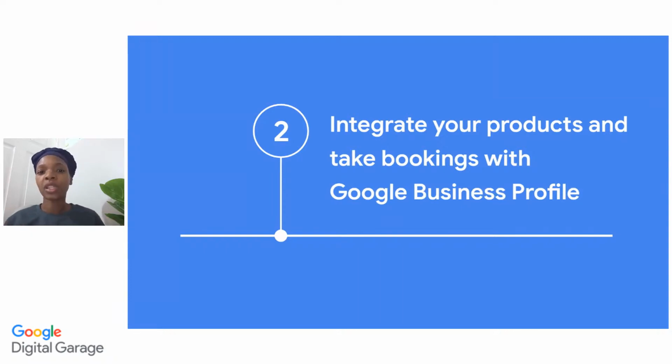All of those things allow you to integrate them into Google Business Profile to take away some of that burden. So instead of having to direct people to a website, you can do everything within the Google Business Profile, which shortens the journey for the user and allows them to engage with your business much quicker.